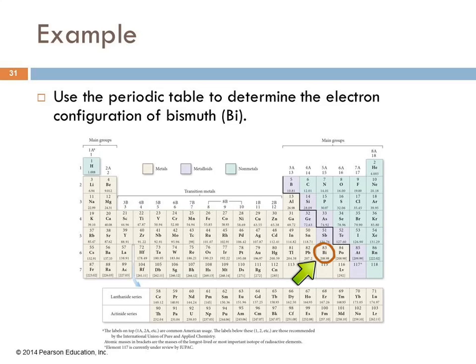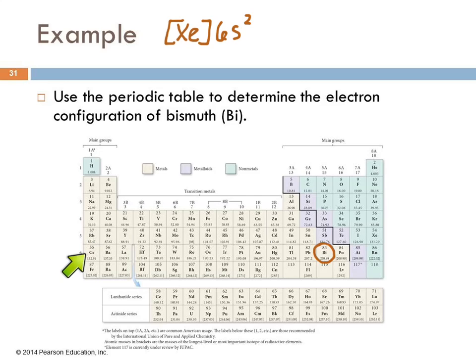So let's do the noble gas configuration. What we're going to do is go up a row and find the previous noble gas. It's xenon. So we know that this is the same as xenon, but it's got some other electrons on it. So there's xenon, and then what is added? Well, 6s2.